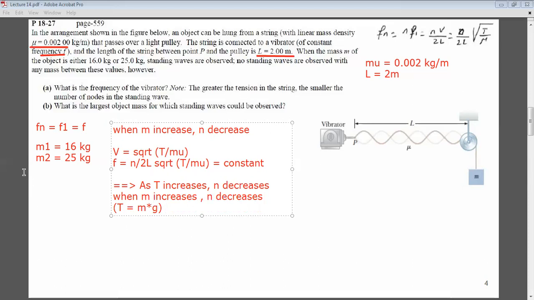Okay, so I have M1, let's say that M1 refers to n plus 1, and M2 refers to n. And now what do we do?